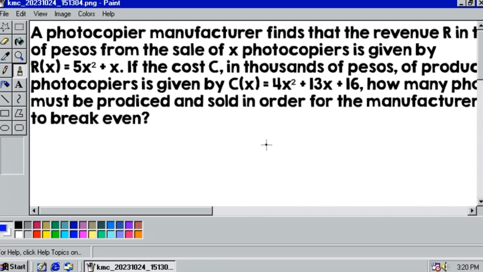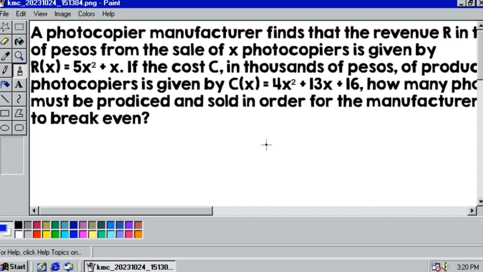Next, a photocopier manufacturer finds that the revenue R in thousands of pesos from the sale of x photocopiers is given by R of x is equal to 5x squared plus x.